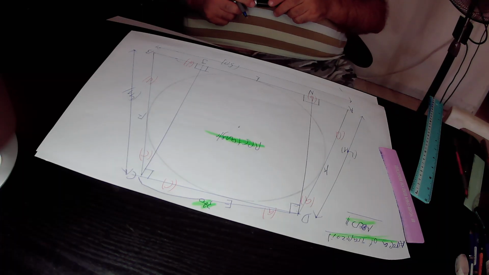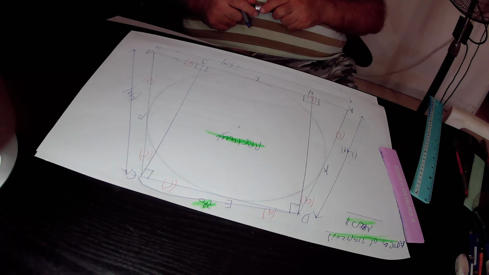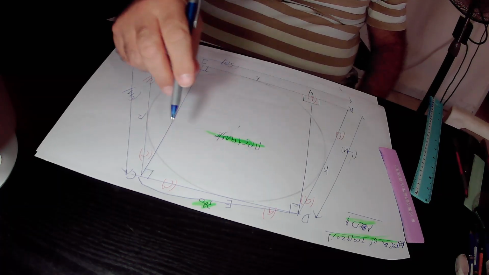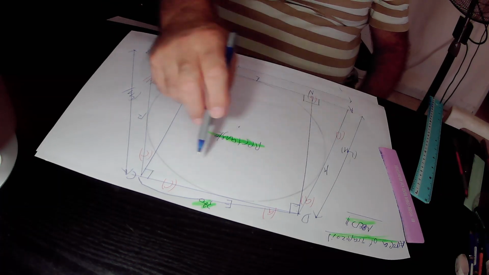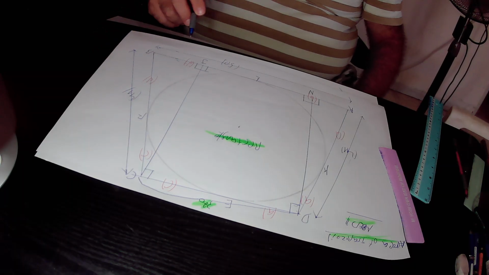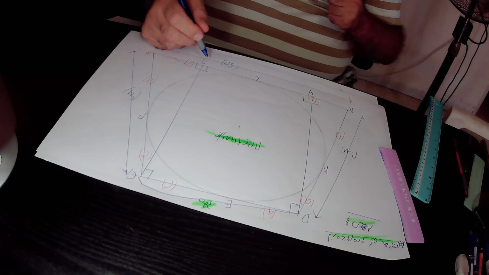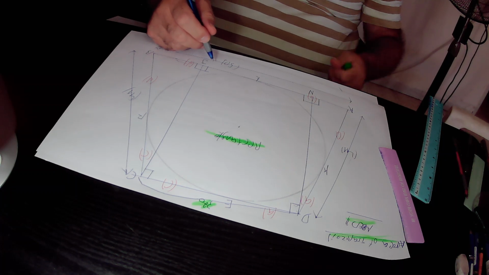But we also know that the opposite sides of a rectangle are equal to each other. So, in the big rectangle DCJN, side DC must be equal to the opposite side JN, but DC is 32, therefore the opposite side JN must also be equal to 32 units in its length.